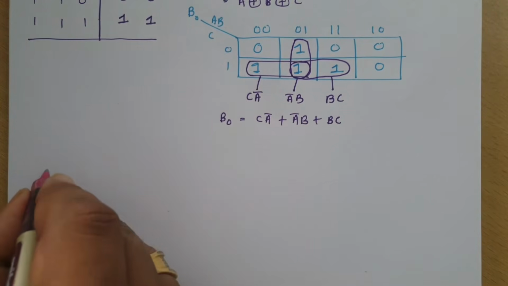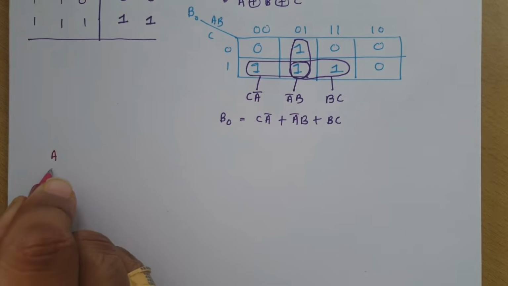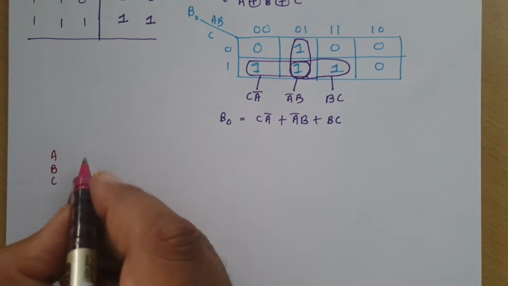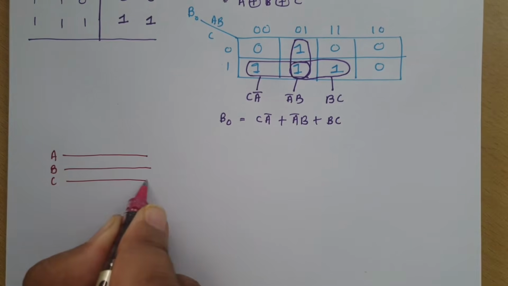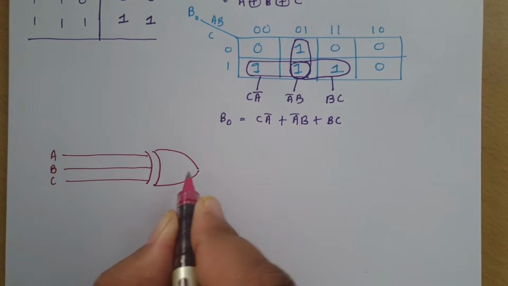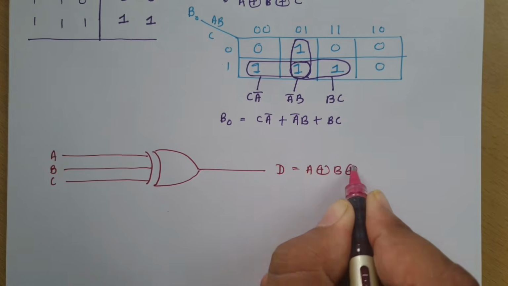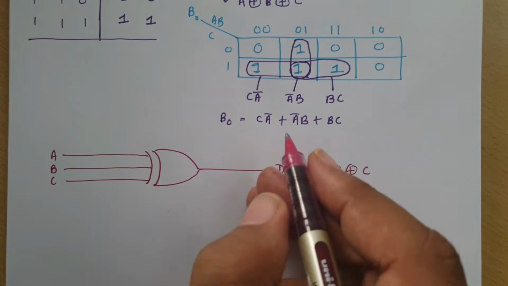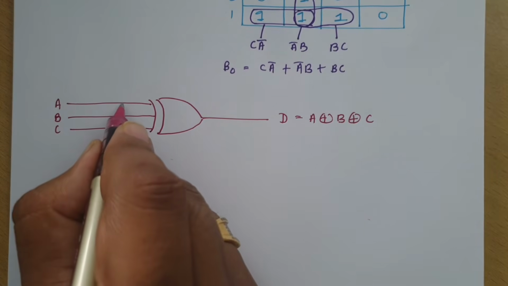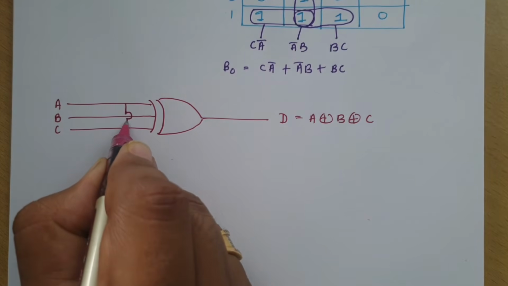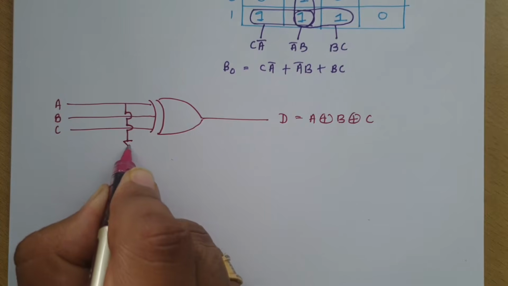Here let us have A, B and C as our input. XORing of A, B and C is our difference. But to form B0, we need to take A bar, so I'm taking A bar over here.